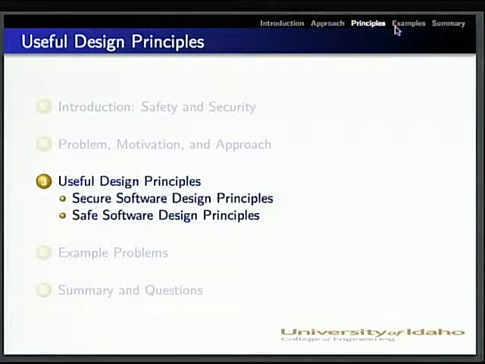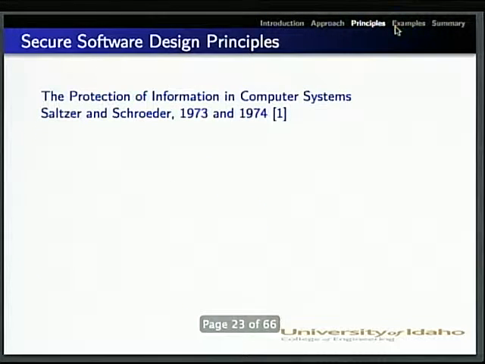All right, so let's look at the useful design principles. First, I wanted to give an explanation of the secure software design principles and then the safe software design principles. The first set was developed by Saltzer and Schroeder in 1973 and 1974. There are two dates because the paper was actually published twice.